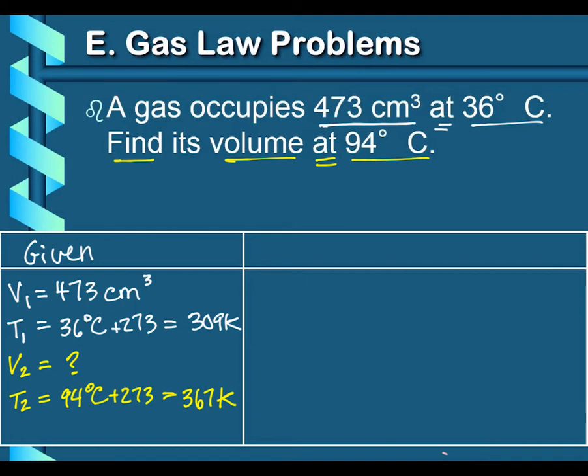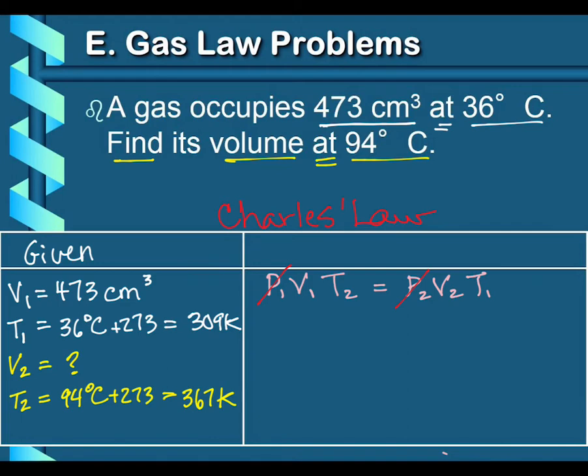So even though I'm going to set up my combined gas law equation, there's my combined gas law equation. Again, I notice pressure is held constant because we have no information on it, so I'm just going to mark through the pressures. And my gas law that deals with volume and temperature is Charles's law.